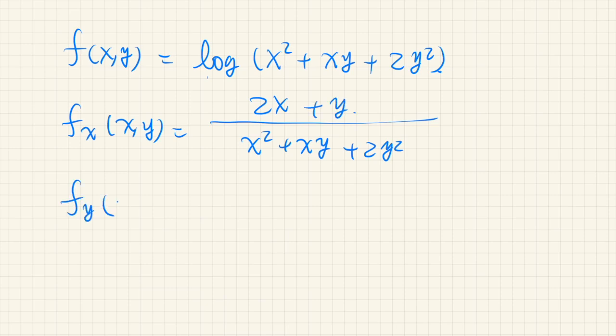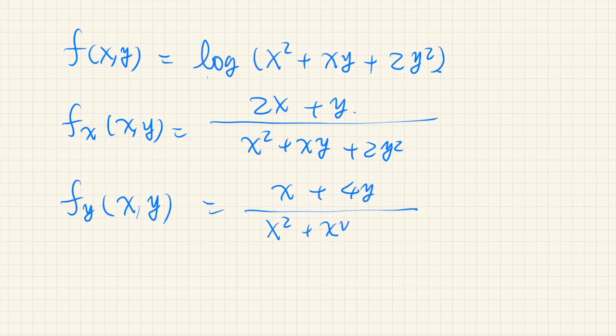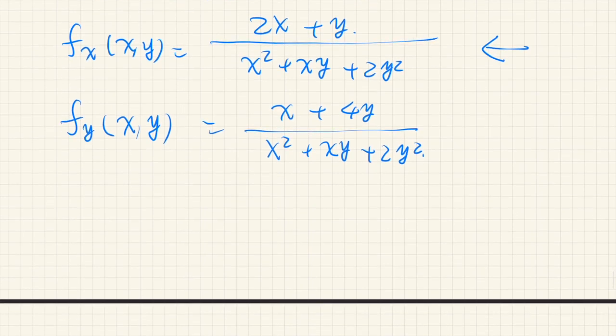And differentiate it with respect to y, we have x plus 4y over x squared plus xy plus 2y squared. Next, we differentiate this one with respect to x. Okay, so that is fxx of xy.